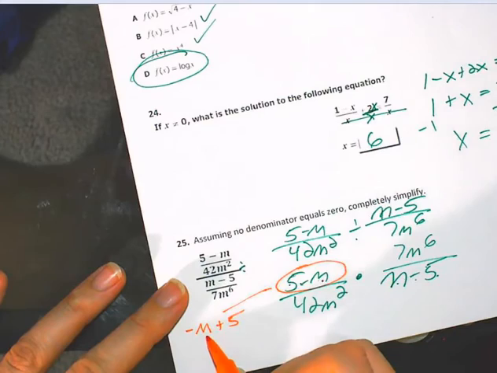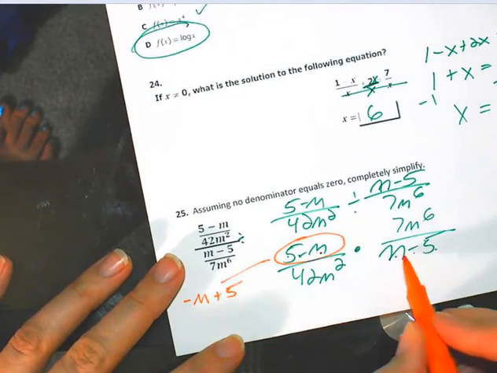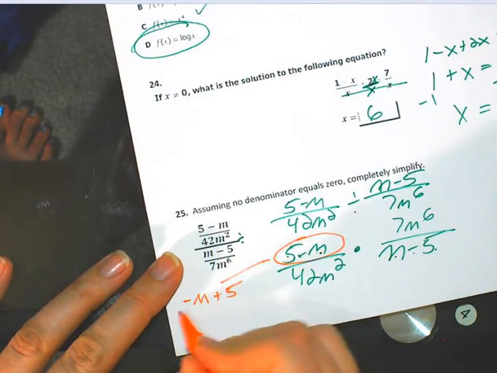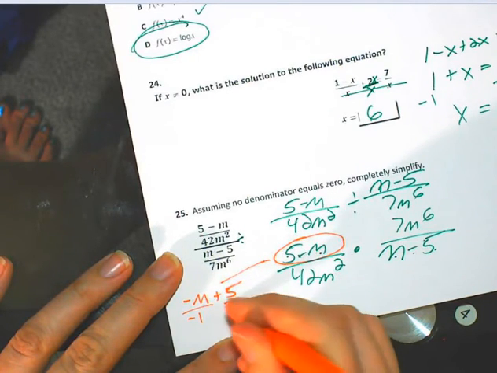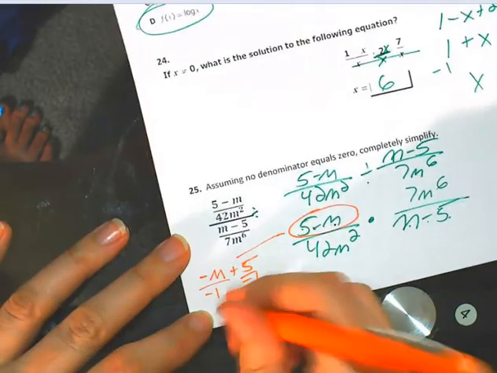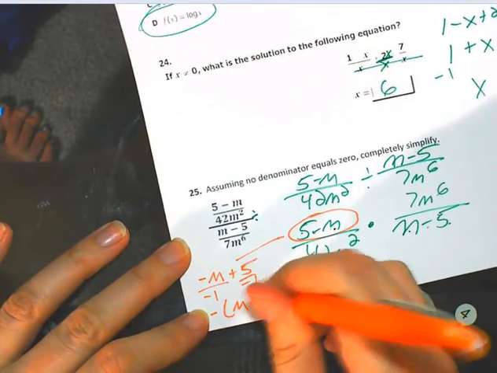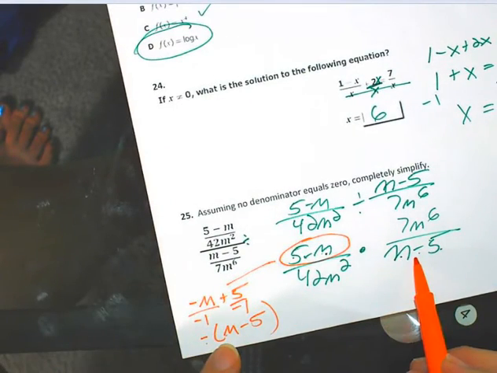But my problem is I want it to match with this, and that leading term is negative. When we talk about factoring, often we say if the leading term is negative, go ahead and factor it out. So negative 1, negative 1. That gives me negative on the outside, m minus 5. Okay, now look, it matches.